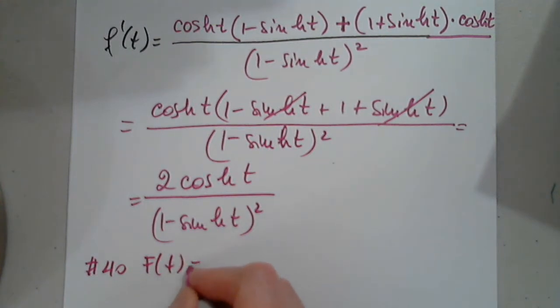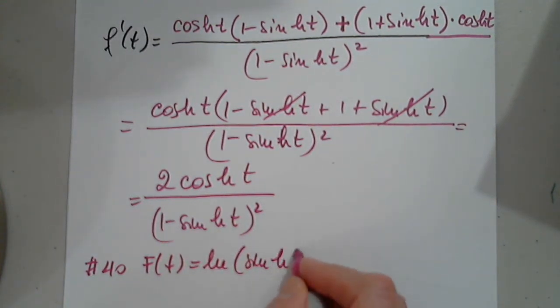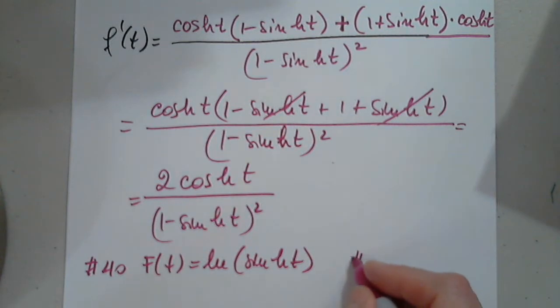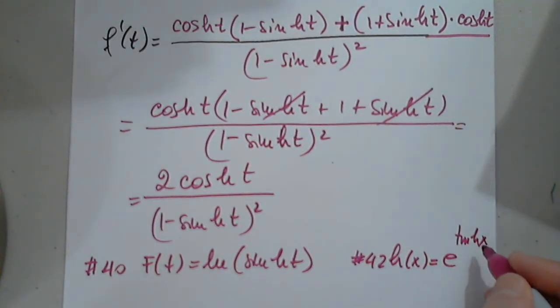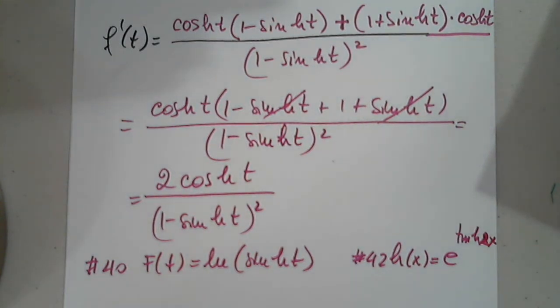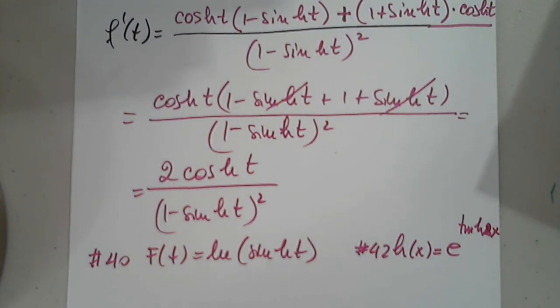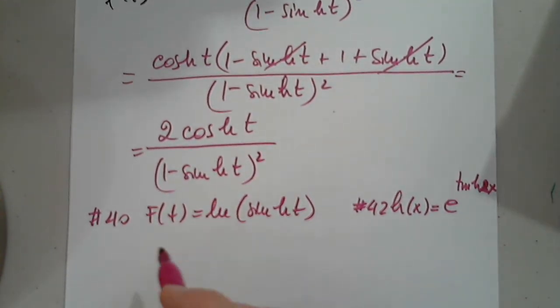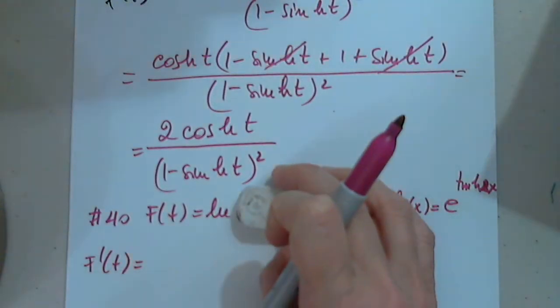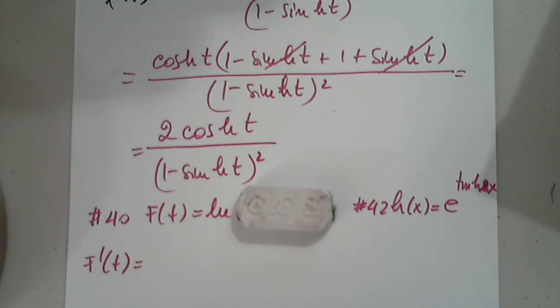So f of t is the natural log of hyperbolic sine t, and you said 42. I'll replace it back with v. It's just easier for me to write and for you to see. So f prime. I need to differentiate natural log. How do I differentiate natural log?